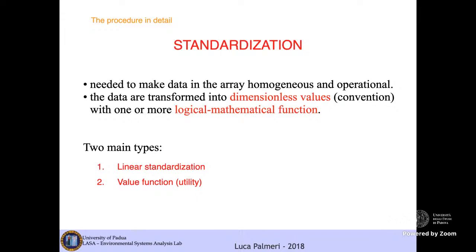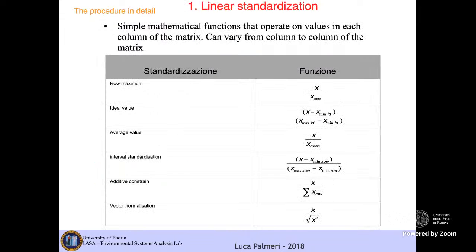In general, for standardization, there are two main types of procedure. We have linear standardizations and value function or utility function standardization. The linear standardization employs simple mathematical functions that operate on values in each column of the matrix, which can vary, of course, from column to column.